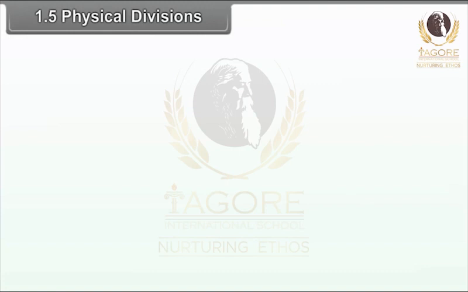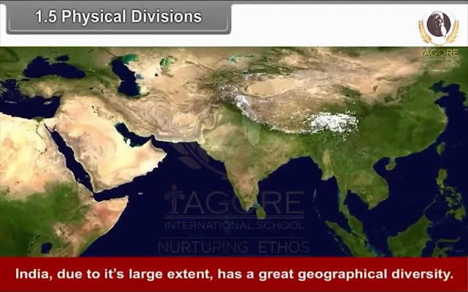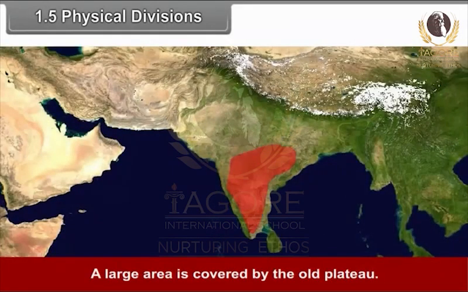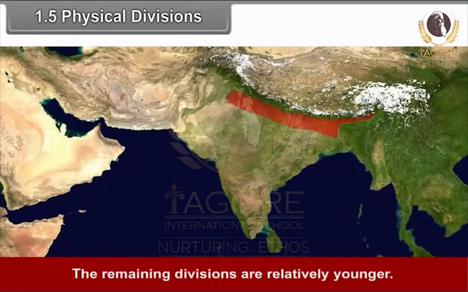Physical divisions. India, due to its large extent, has a great geographical diversity. A large area is covered by the old plateau. The remaining divisions are relatively younger.